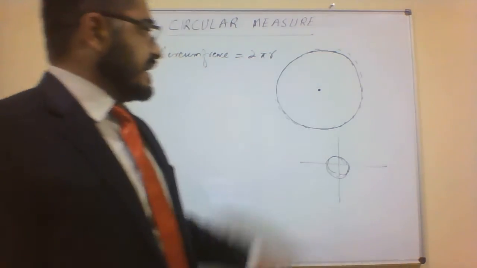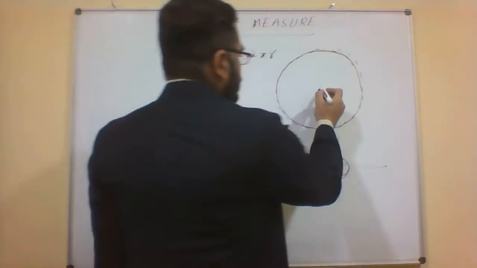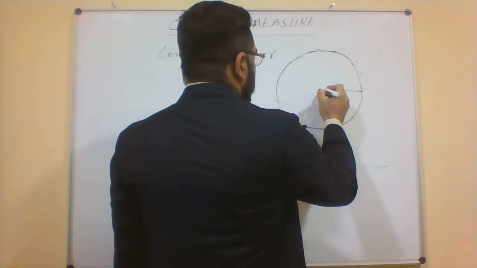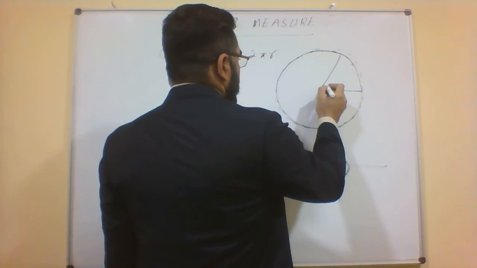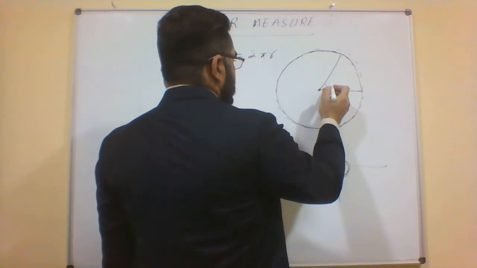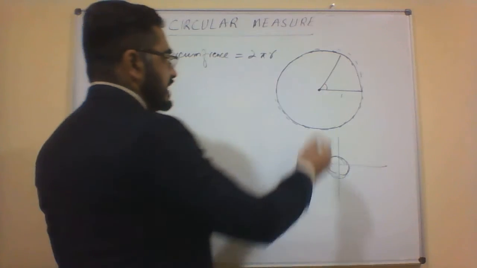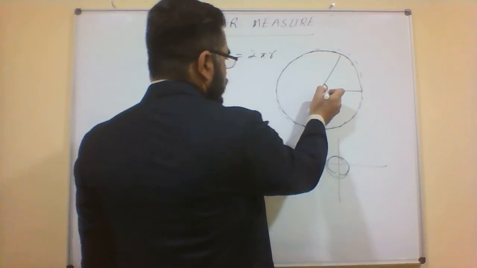But here we will take a unit circle. Its radius will be 1, and the central angle we will take in radian.